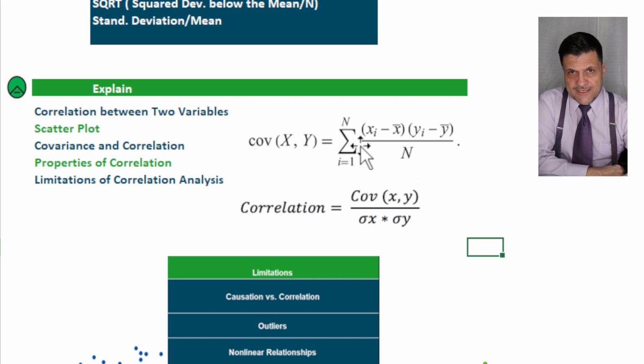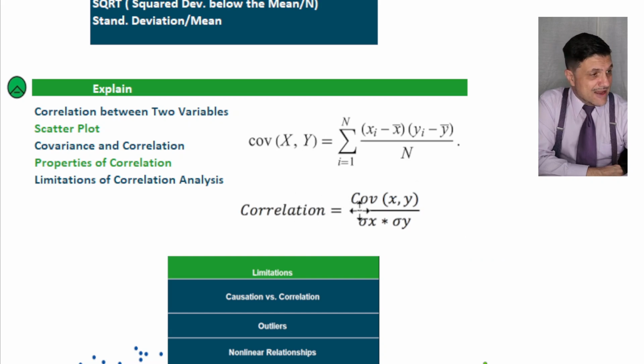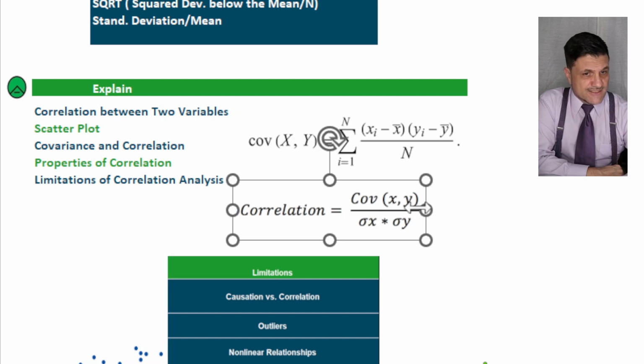I don't think you're going to need that formula, okay? Now, if you have the covariance and you need to get the correlation, or if you have the correlation and you need to get the covariance, then that formula, I think, has more chances to be in the exam.